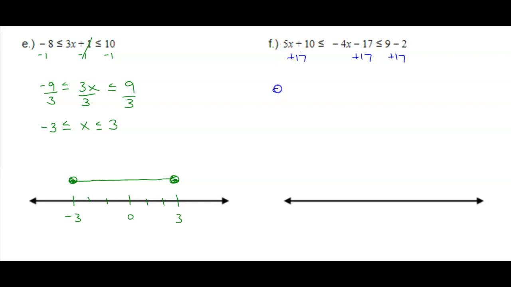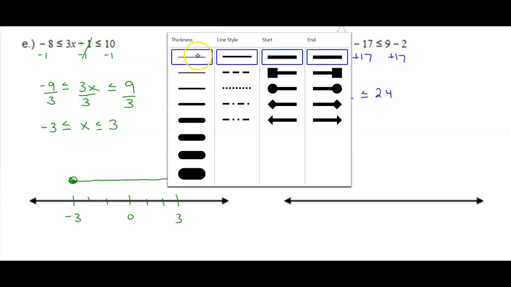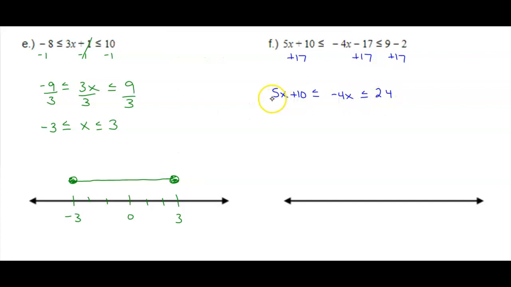And I'm going to obtain 5x plus 10 is less than or equal to negative 4x, and then that's less than or equal to, now this was 9 minus 2, which is 7, and if I add 17 to that, I'm going to get 24. And then I'm going to break this up into two inequalities from here. So this one on the left, I'm going to rewrite over here. 5x plus 10 is less than or equal to negative 4x.